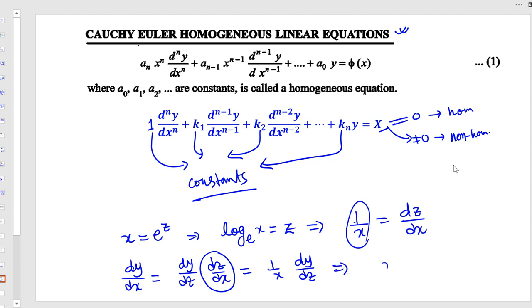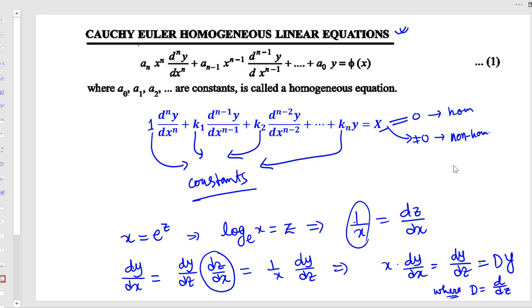And then you can write x into dy dx equals dy dz. Or you can write in place of it the D notation, provided D equals d dz.